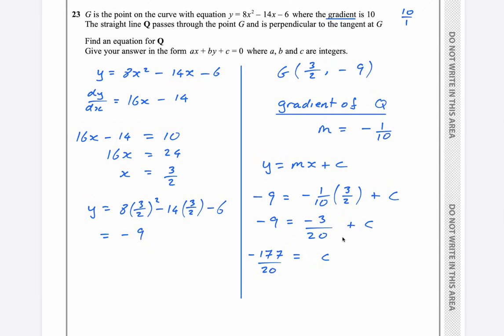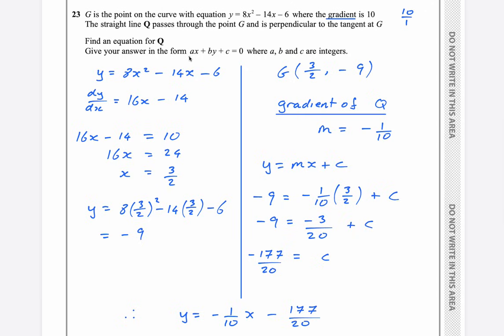Luckily, guys, we have a calculator. Okay, so now we have c. So the equation is, therefore, y is equal to minus 1 over 10 x plus c, which is minus 177 over 20.